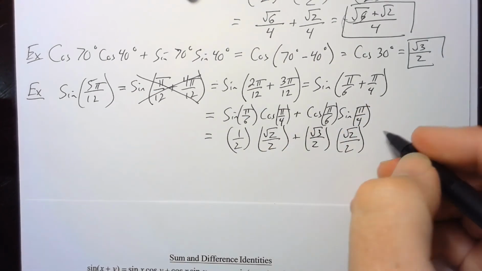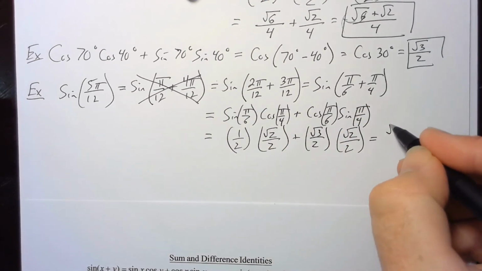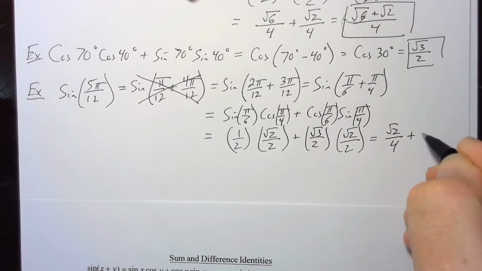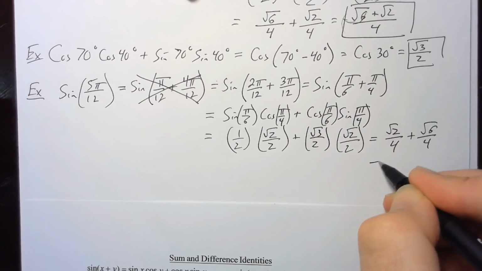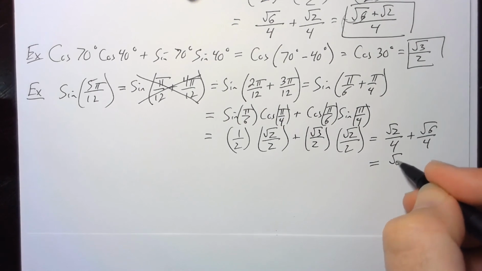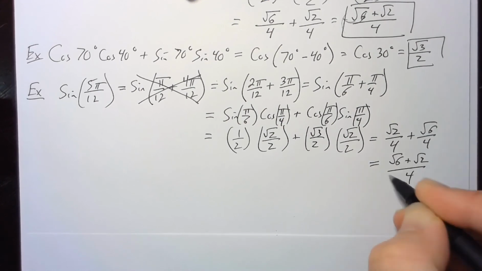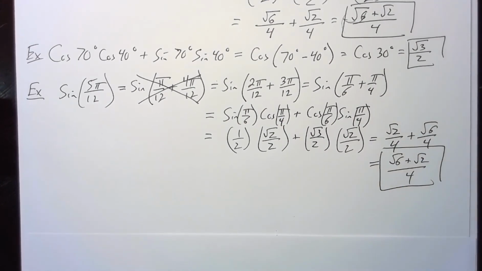So we end up getting the exact same answer as we did previously, such that it's radical 2 over 4 plus radical 6 over 4, but that's going to be condensed down to radical 6 plus radical 2 all over 4, which we can't simplify any further. Again, these are how you can evaluate certain trigonometric expressions based on utilizing the sum and difference identities.